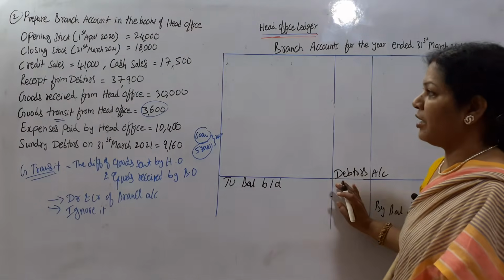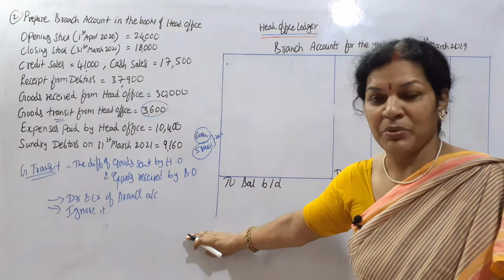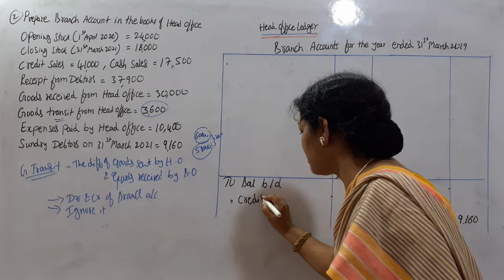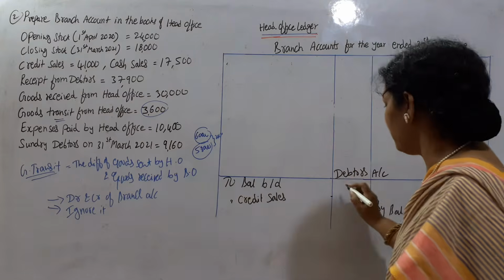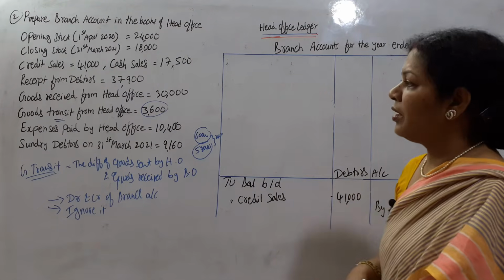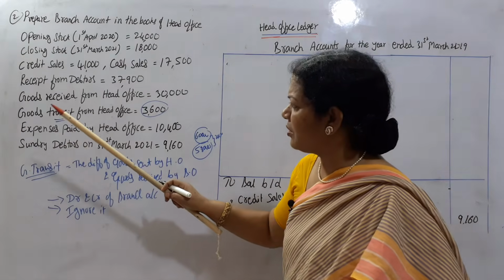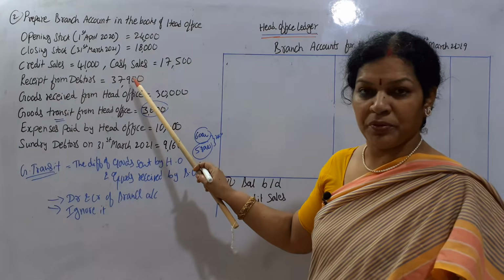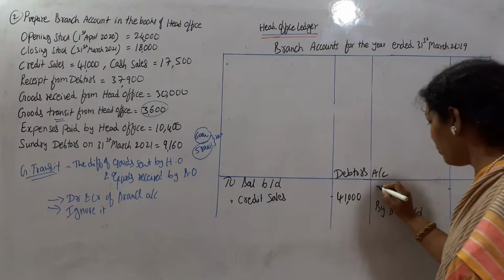And related to the debtors, there are credit sales. Credit sales always come on the debit side. How much is it? 41,000. And related to the debtors, there is another transaction, receipt from debtors. It comes on the credit side, by cash.